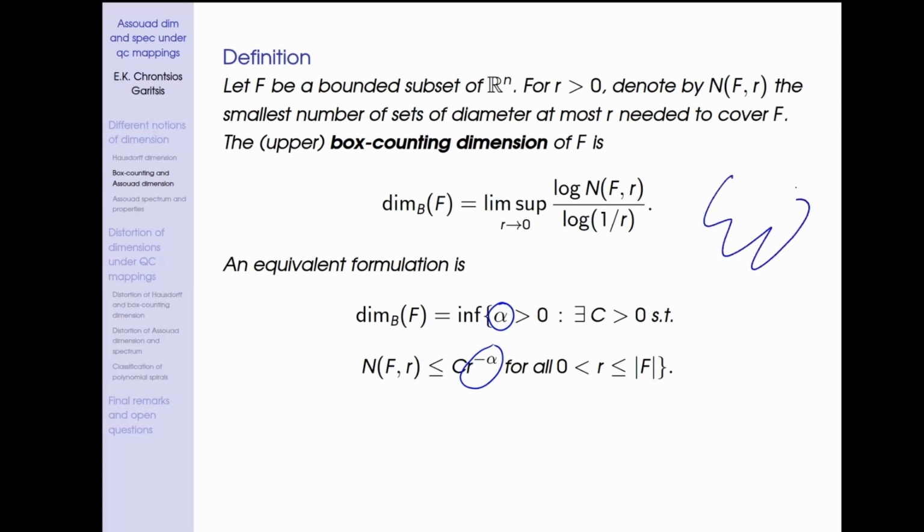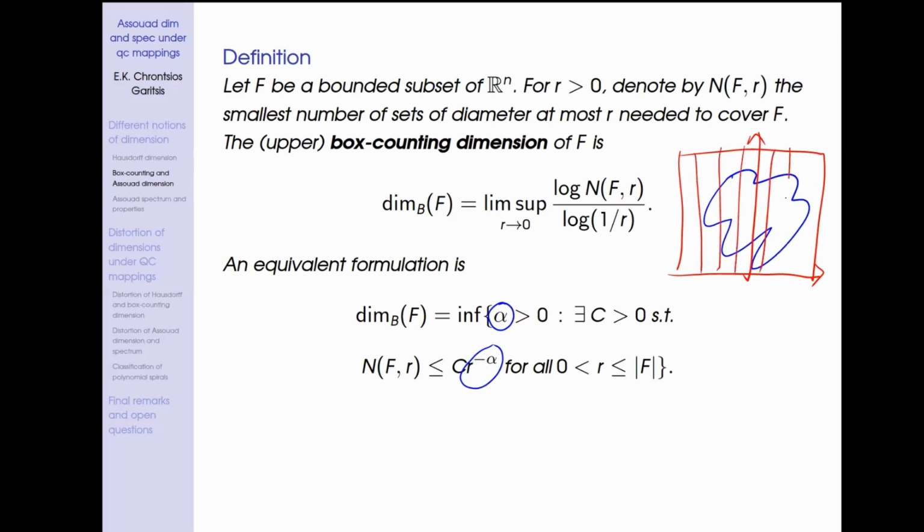So if our set is this, and we don't use sets of diameter R, but we start subdividing a cube that includes our set into smaller and smaller cubes, and we create a grid, then if we replace N(F,R) by the number of cubes that meet our set, in either of the two formulations, we get the same thing. And I will repeat that again for the Assouad dimension, more formally probably.